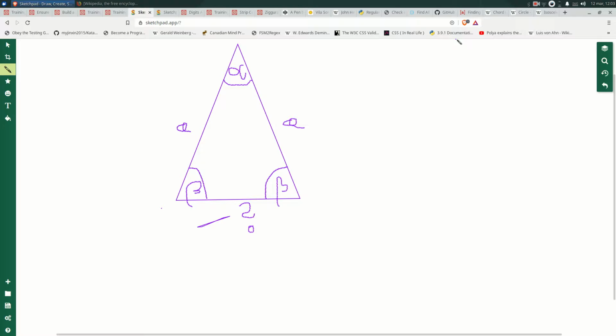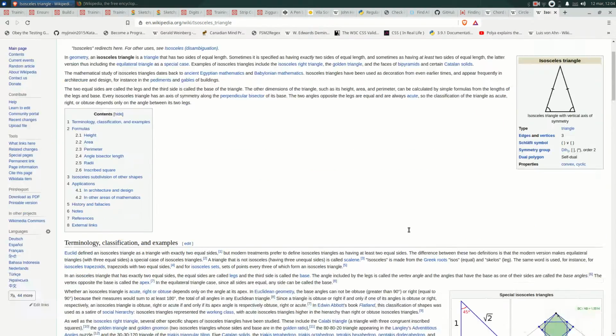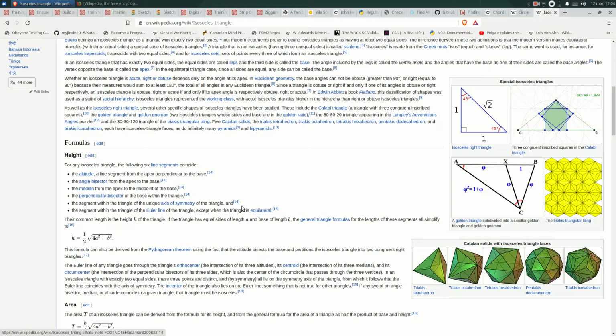So that's beta, and this here is also beta, and we know this, and we know this, so only this is the question. It should be really simple to calculate this one. The triangle height, we're not really interested in height.